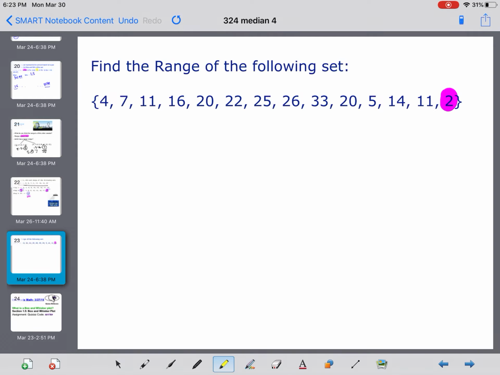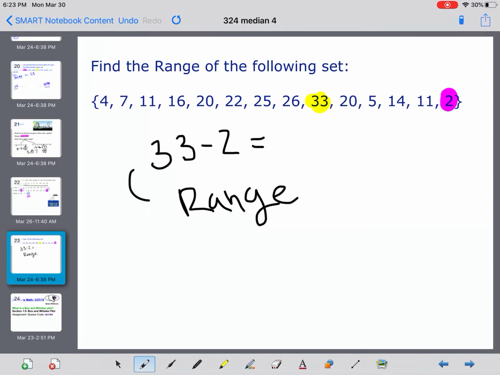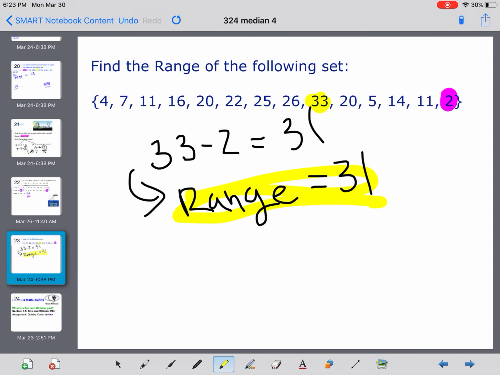It's 33. 33, 25, 14, 11, 2. Make sure you always double check that. But here is the range of numbers we could be seeing. Well, so we take the max, 33, minus 2, and that's equal to our range. So right here we'll get 31. Our range is 31 then.